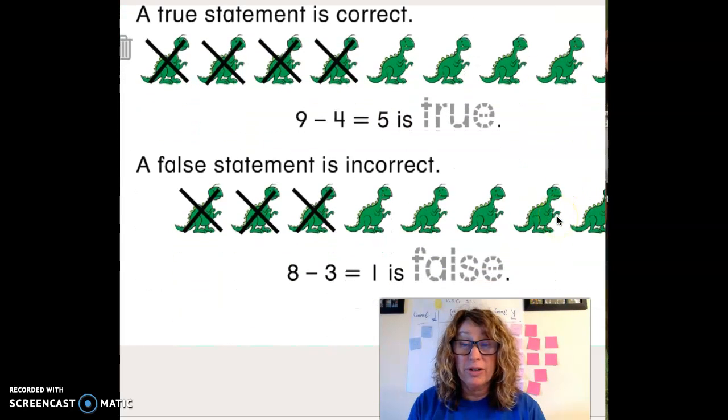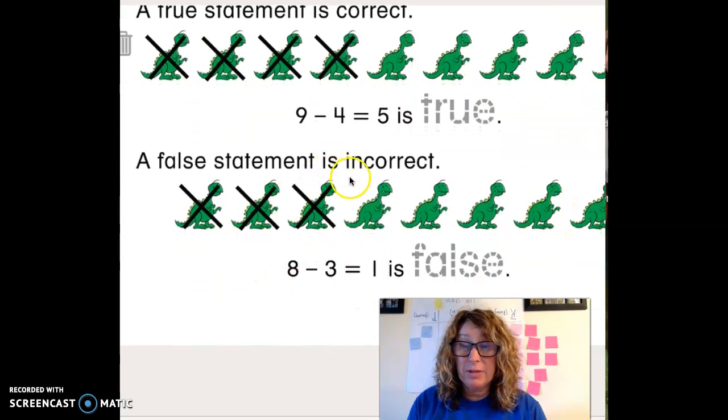Yes, it's true. Now, a false statement is what we call not correct or incorrect. 8 minus 3 equals 1. That is false. That is not true because we can see the dinosaurs here. There's 8. They took away 3. 1, 2, 3, 4, 5 would be 5.